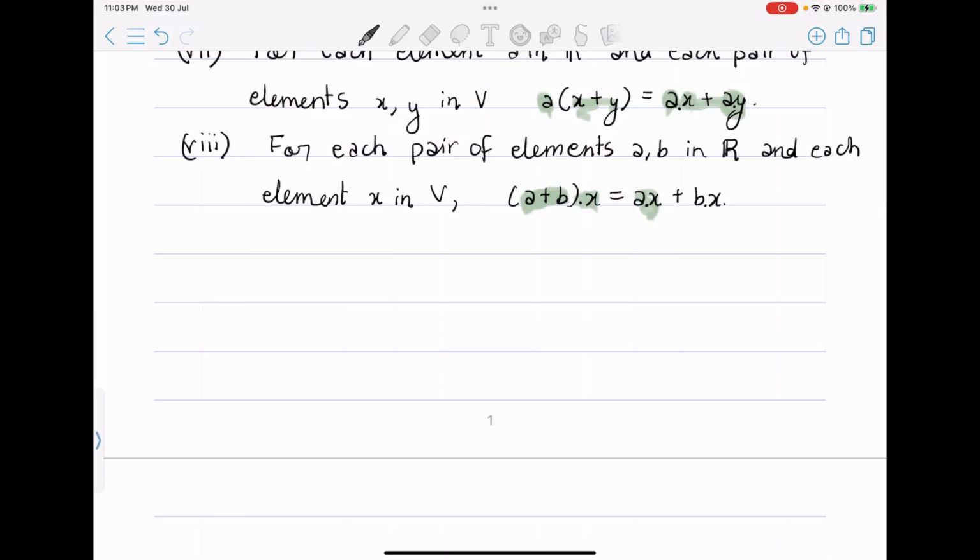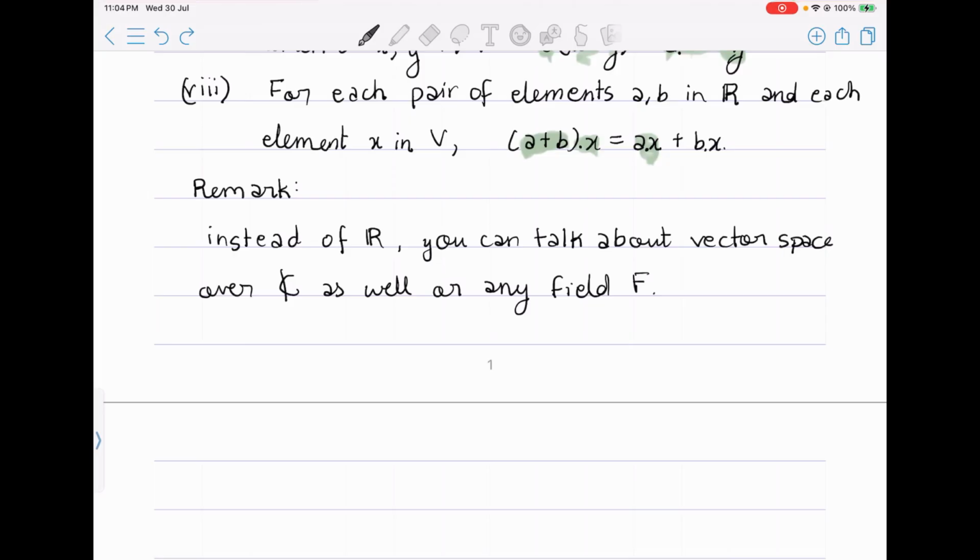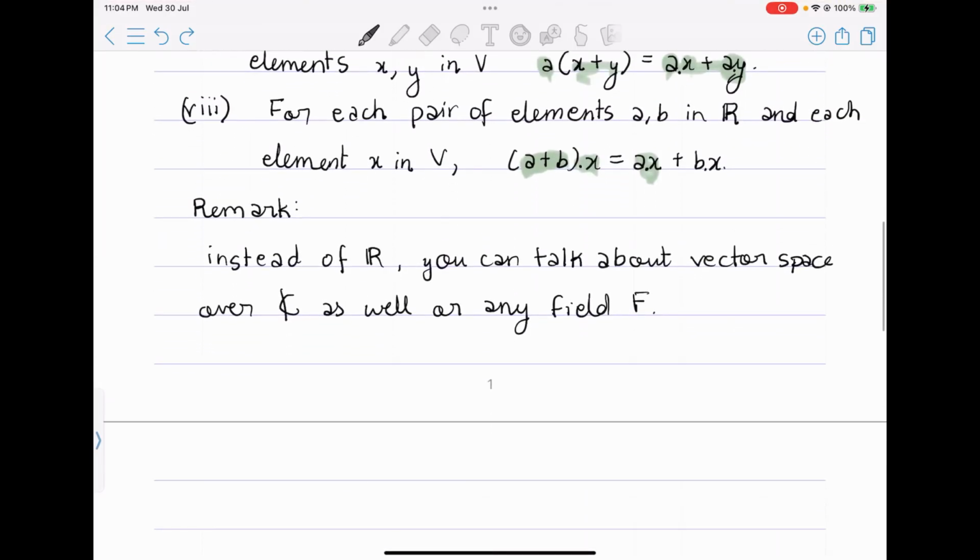As a remark, instead of R, you can talk about a vector space over C as well, or any field F. To know more about fields, you can Google what a field is, the mathematical concept of a field. R and C are examples of fields.